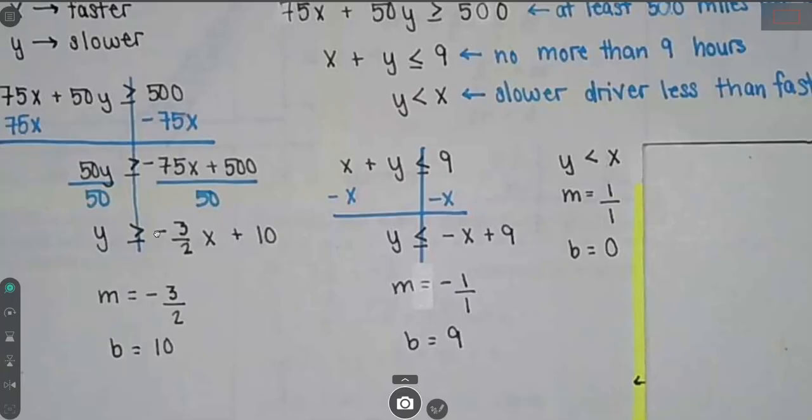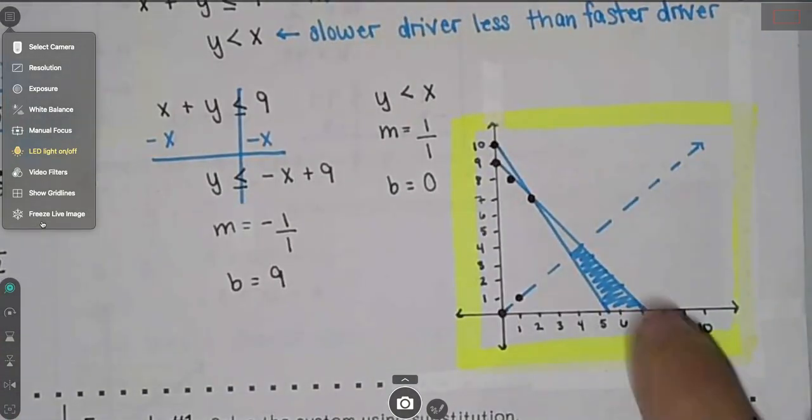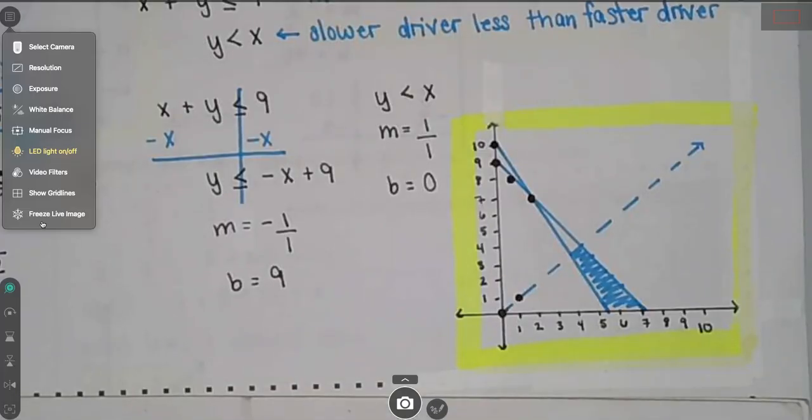All right, here is the answer. So you should have this region shaded. Any questions?